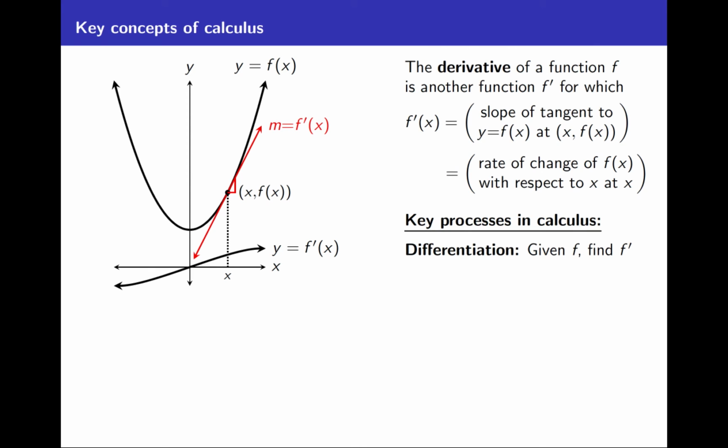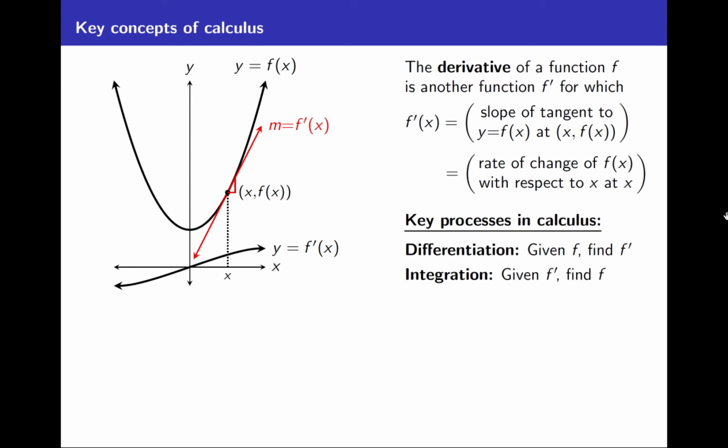We will encounter some key processes in calculus, and the first and most important one is this: differentiation. Given f, find f prime of x. And as I said, we'll come up with lots of different rules that tell you how to find f prime as an algebraic expression if you know the algebraic expression for f.